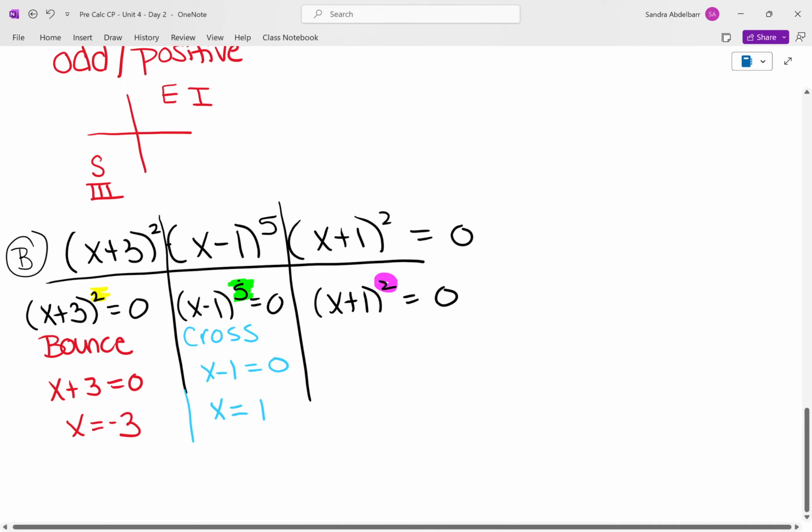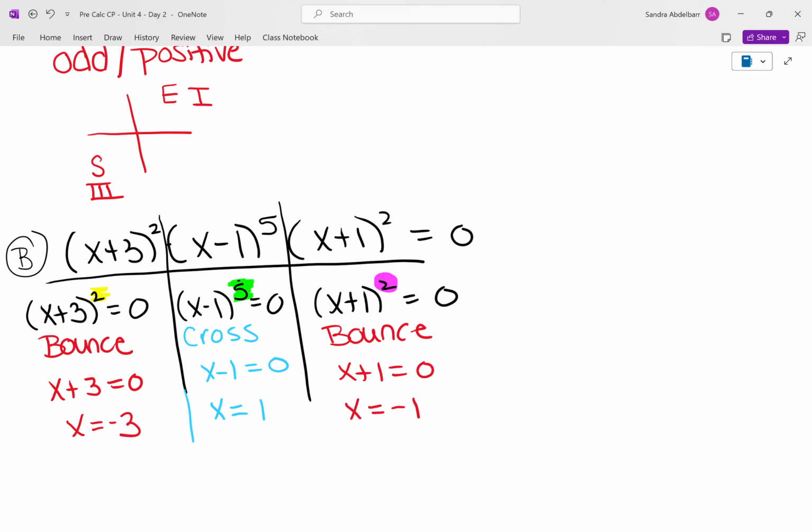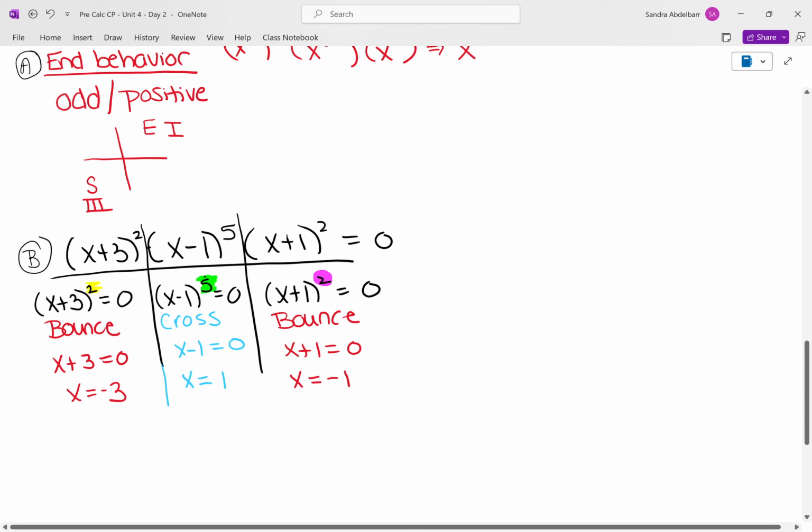Right, and the last one is, again, even. What does an even mean? Bounce. Where are we going to bounce? You take x plus 1, set it equal to 0, and we get x equals -1.